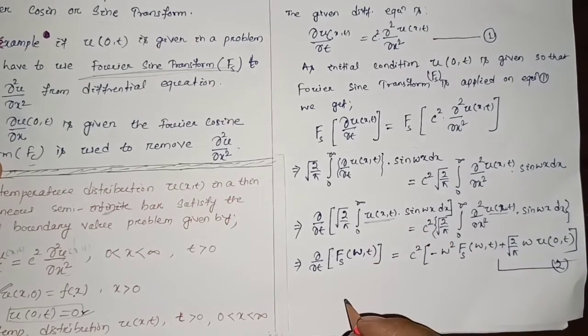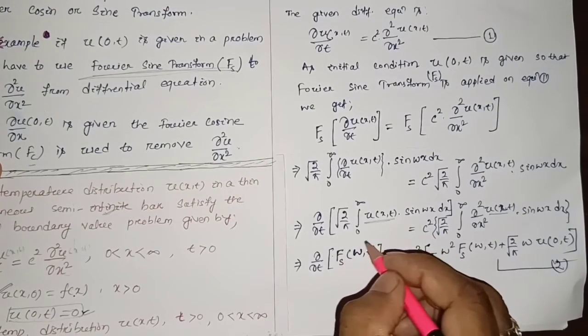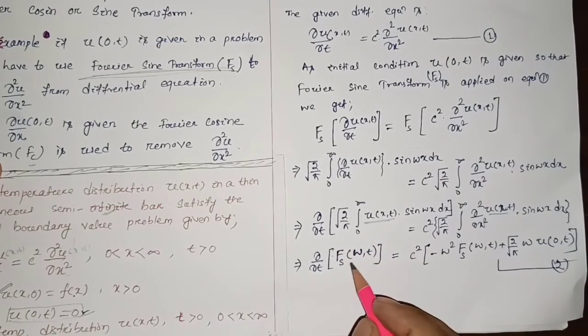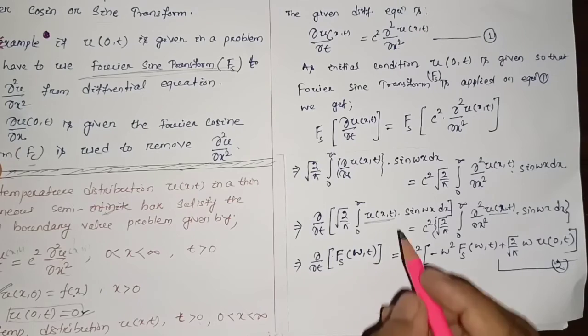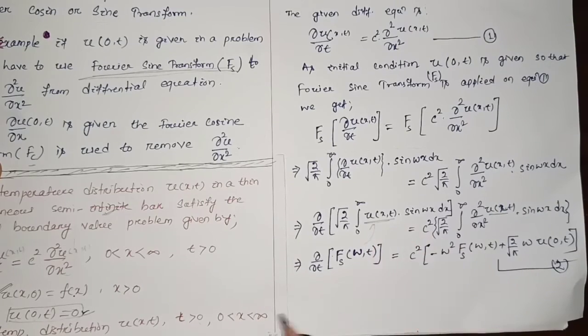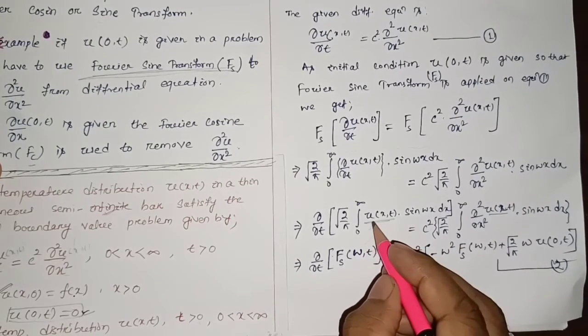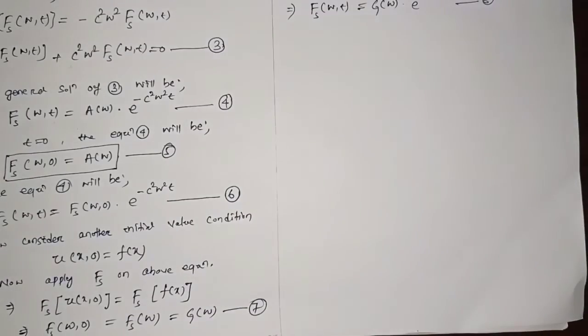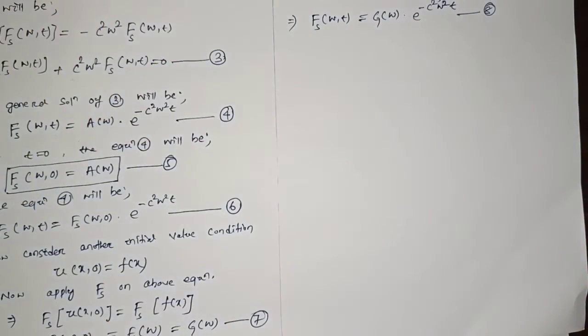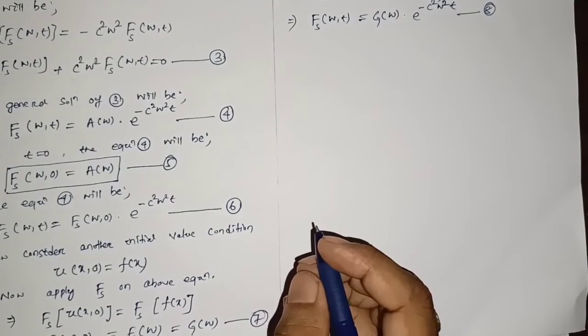If I apply the inverse Fourier transform on capital Fs(omega, t), it will come back to its original, small u(x,t), which is what we intend to find as per the question.